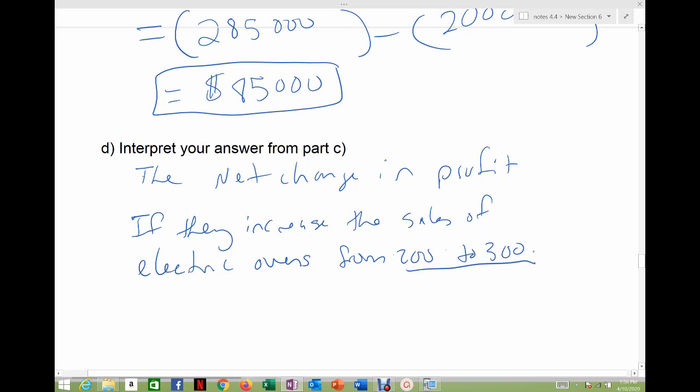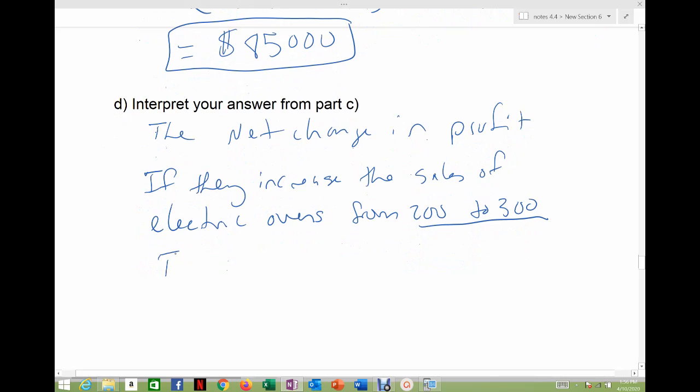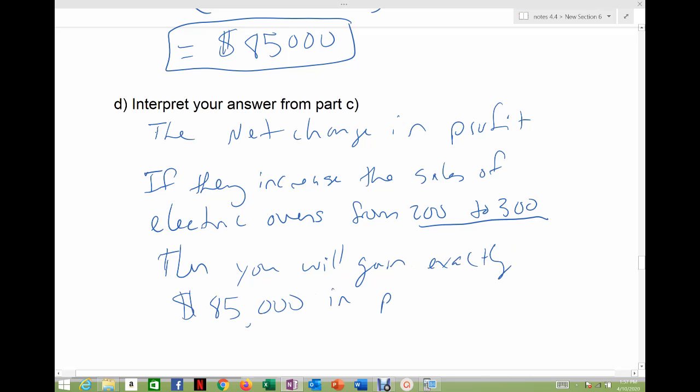If I went from 150 to 250, it would be a different change. If I went from 300 to 400, different. It's specific to that change in sales, 200 to 300, that specific 100 ovens going from 200 to 300. Then you will gain exactly, and this isn't exactly, $85,000 in profit.